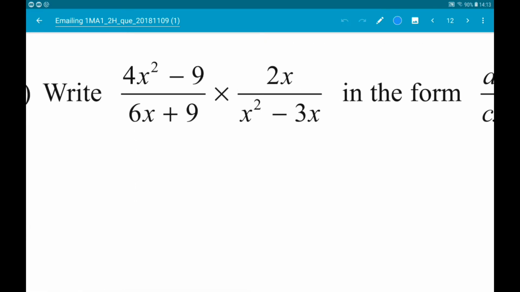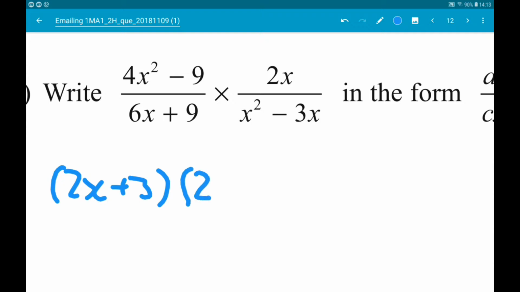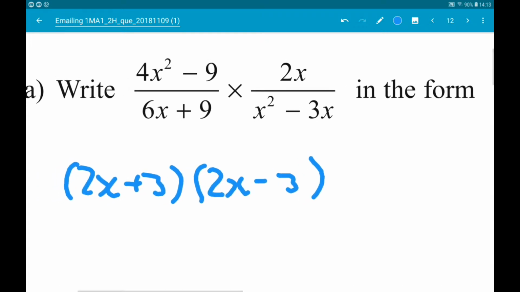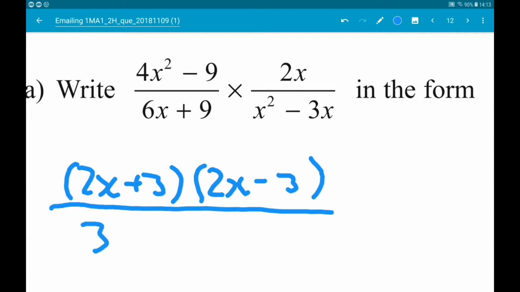So 4x squared minus 9 is a difference of 2 squares. So we can write that as 2x add 3 times 2x minus 3. On the bottom, there's a common factor of 3. So we can write that as 3 lots of 2x add 3.